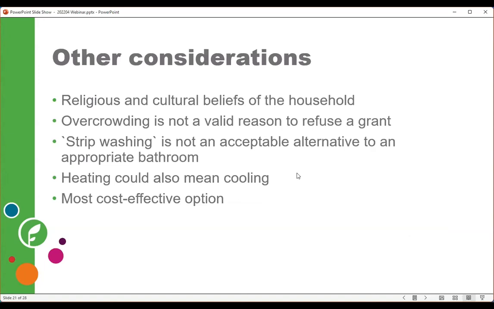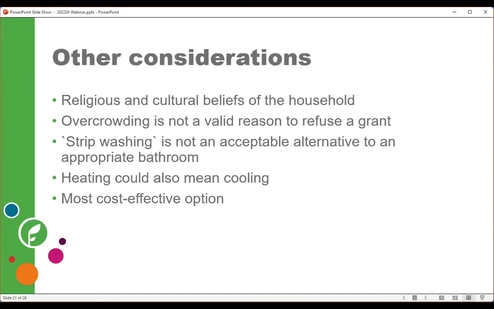Other things you might consider as part of that necessary and appropriate evaluation are religious and cultural beliefs of the household. Overcrowding is not a valid reason to refuse a grant in its own right. It may cause complications, and sometimes there's a mismatch about whether the adaptation is primarily for overcrowding or is primarily based on a disability.